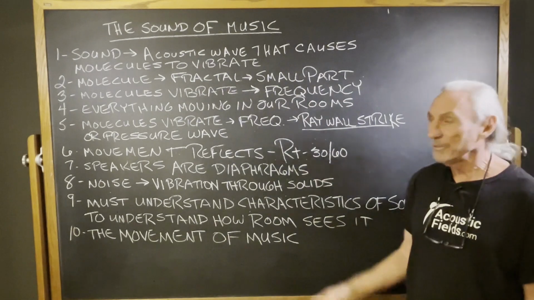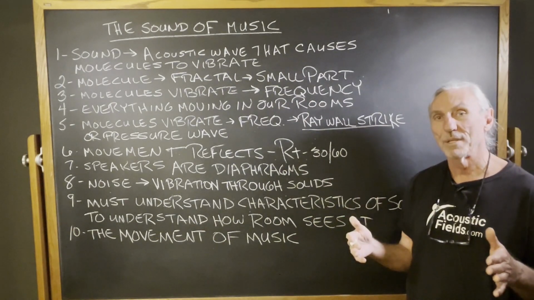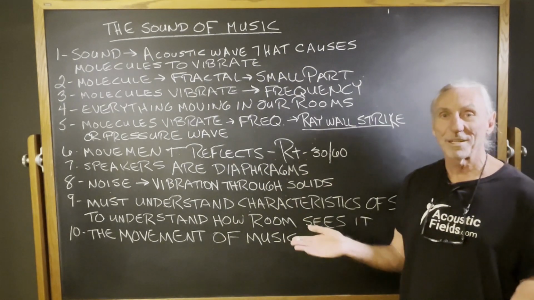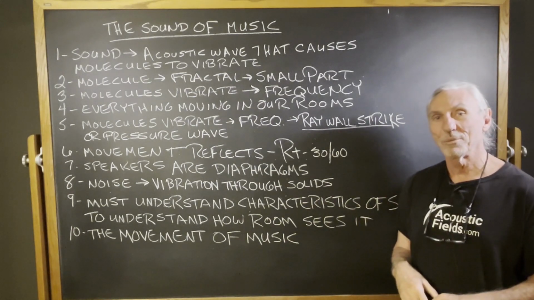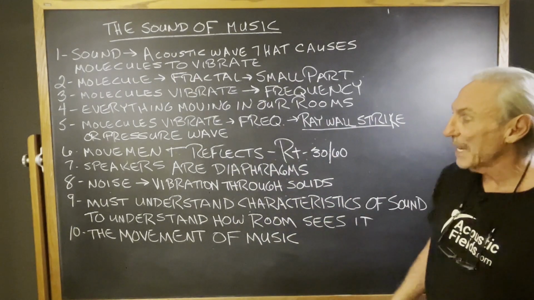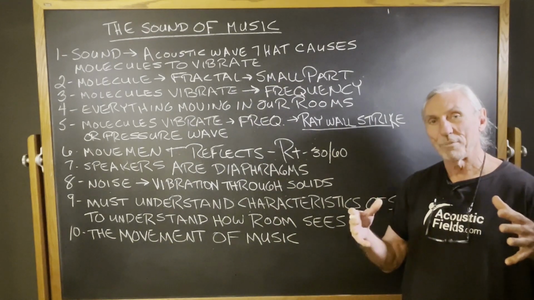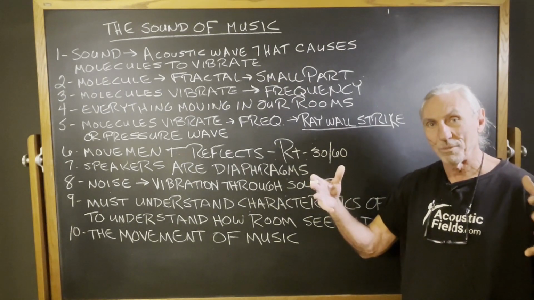So the sound of music really is the sound of vibration and movement in all areas. From the noise leaving, to the noise coming in, to the energy that you generate in the room. So you really need to understand that you're trying to manage all this vibration and movement in 6 surface areas, because that's what a room is, right?